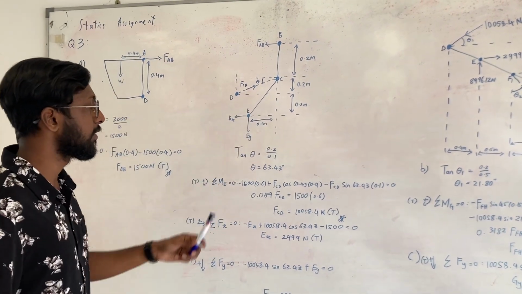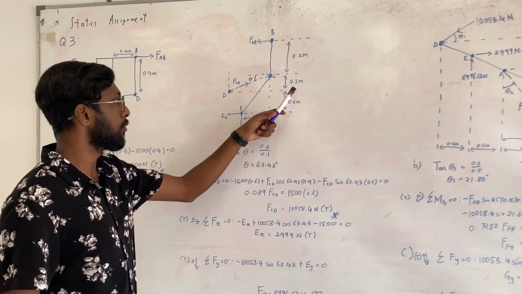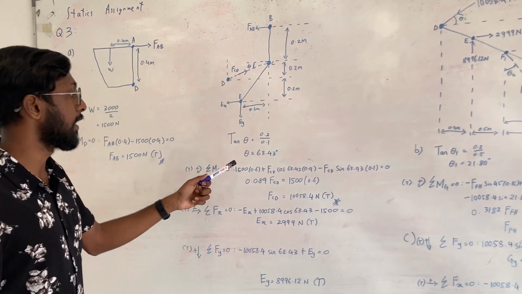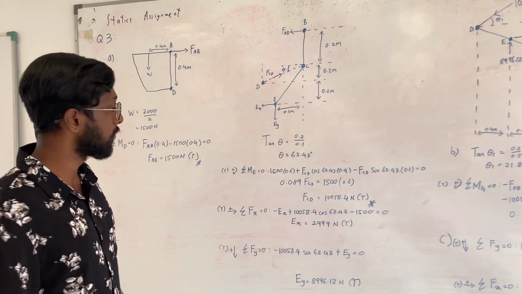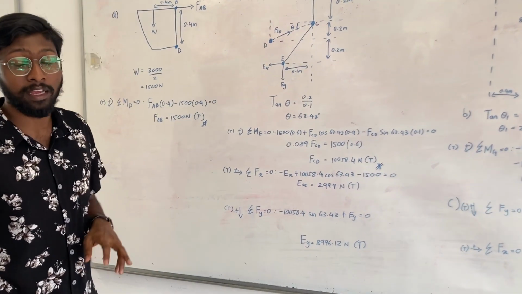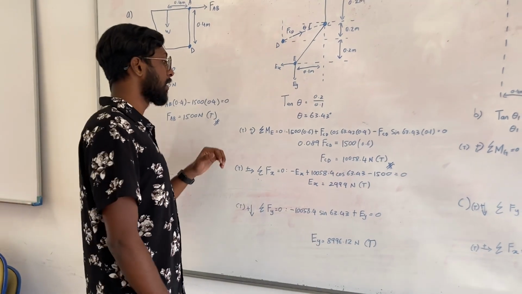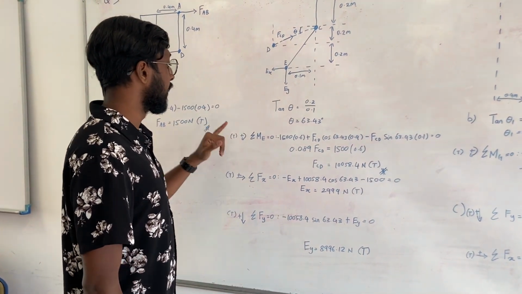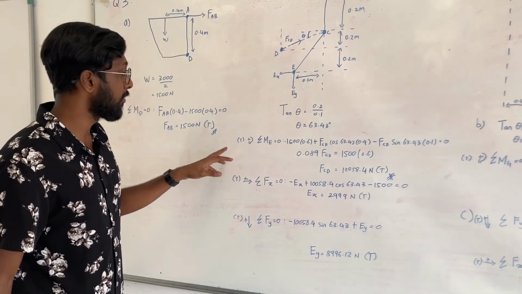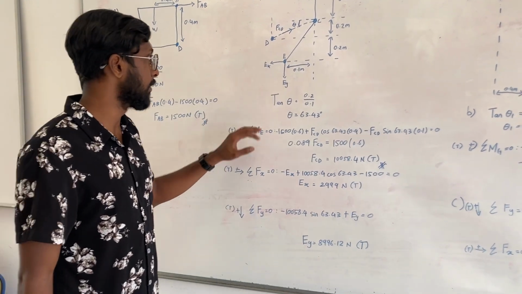We are going to use tangent theta, 0.2 over 0.1. So inverse tangent it, and theta will equal 63.43 degrees. And then moving on, we are going to apply the equations of equilibrium, starting off with summation of moment about point E, clockwise positive, and assuming it's in tensile.